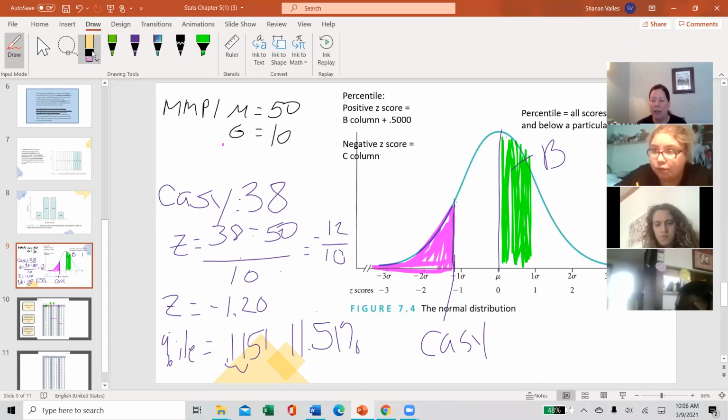Okay, if we wanted to, I know it's the MMPI, but that's kind of hard for us to visualize. So what if it was intelligence? She would only be equal to and smarter than 11.51% of the people. If it was height, how tall she is, she would only be equal to or taller than 11.51% of the people, okay?